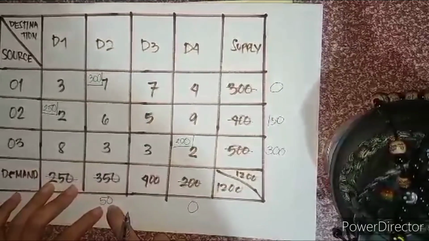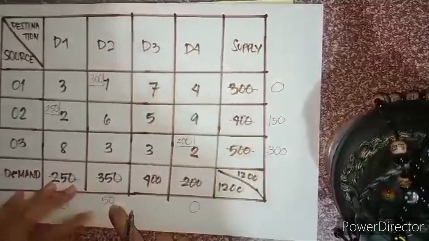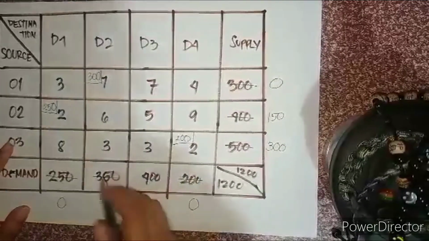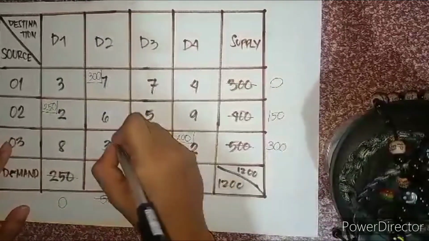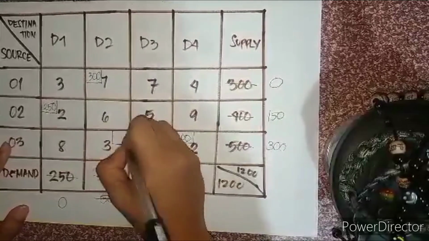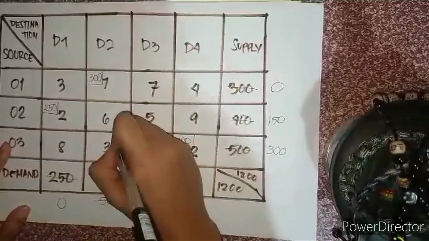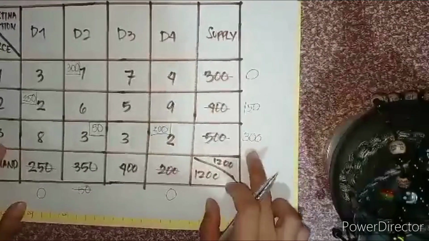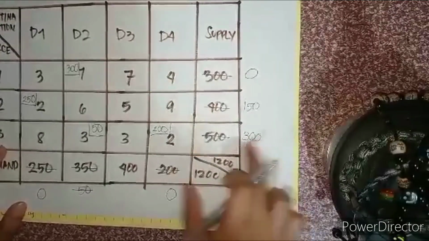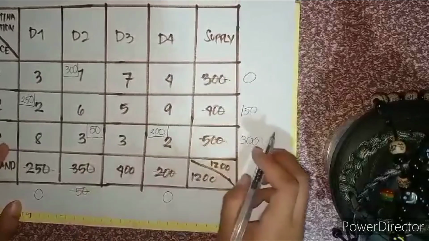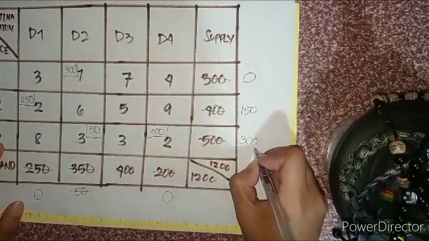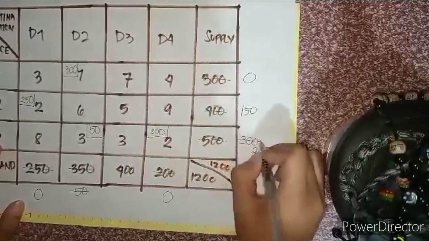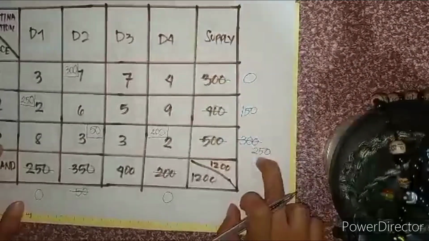Which has the minimum value? The minimum value is 50. So let's mark this out and allocate 50 in this part. Now 300 minus 50 is equal to 250. So the value now is 250. Let's mark this out.